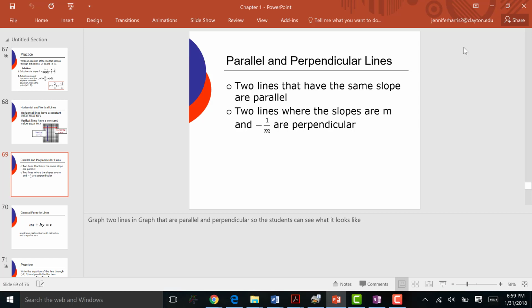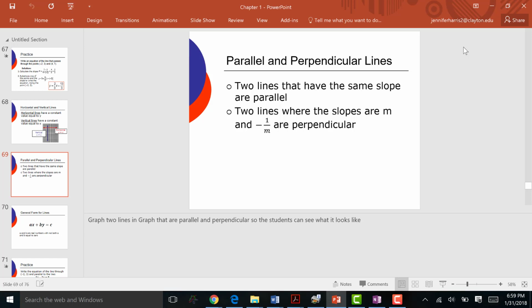So for every set of perpendicular lines, one slope will be positive and one will be negative. Can you see why? Every single time, they will always have one positive and one negative. So here's my question.